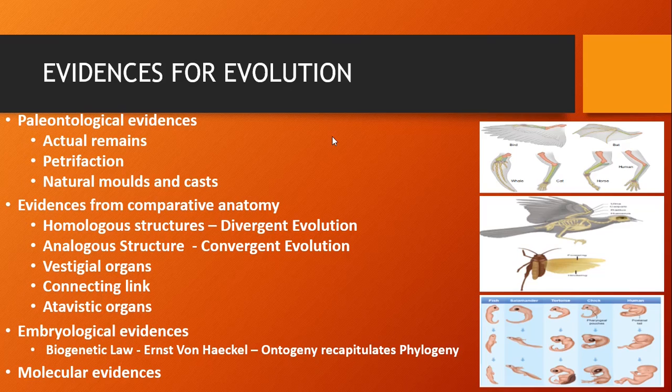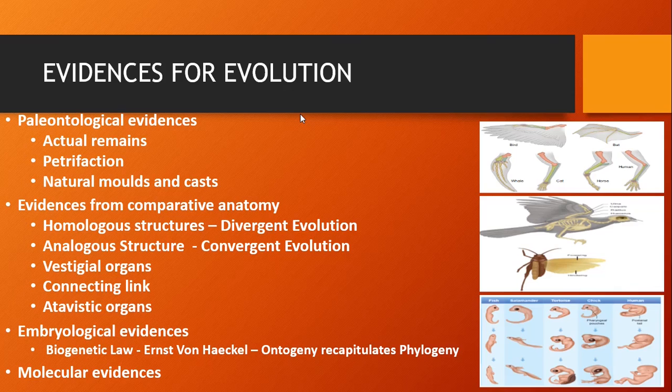Evolution is nothing but origin of new species from the existing species, some heritable changes, some variations, that is called evolution. What are the supportive features for the evolution? These are called evidences. There are so many types of evidences. We are going to classify the evidences in four categories.